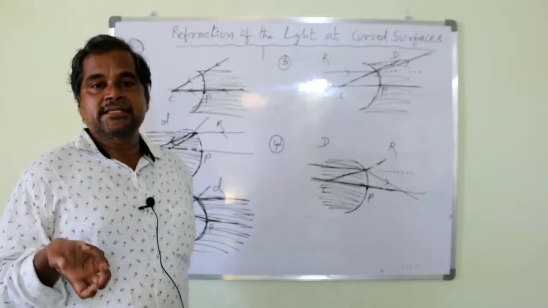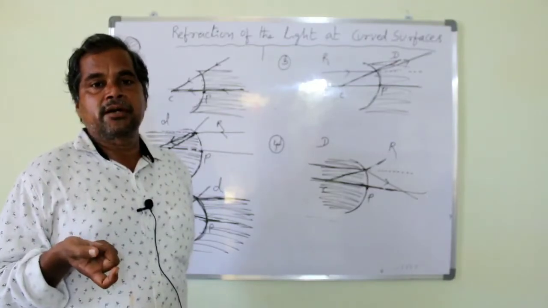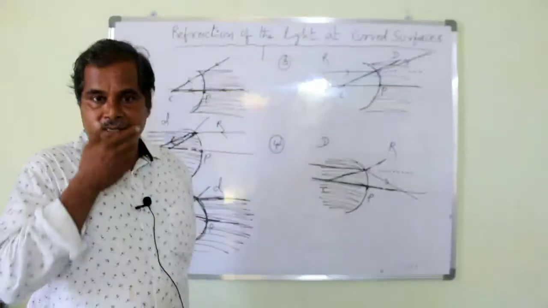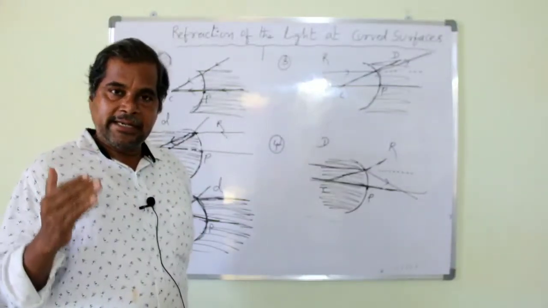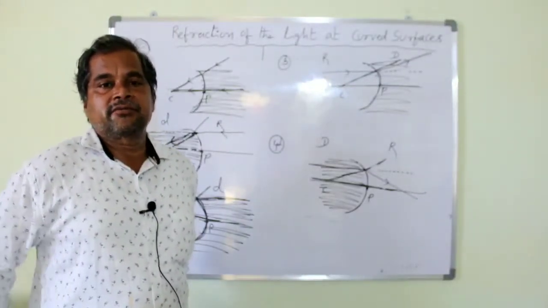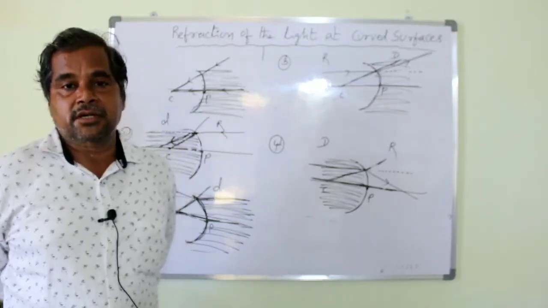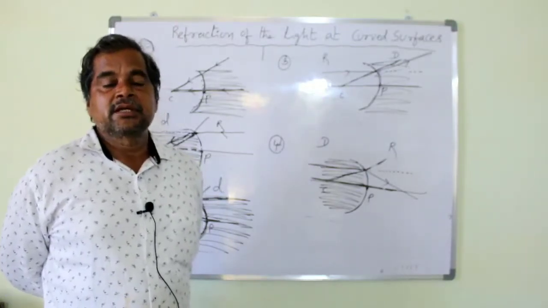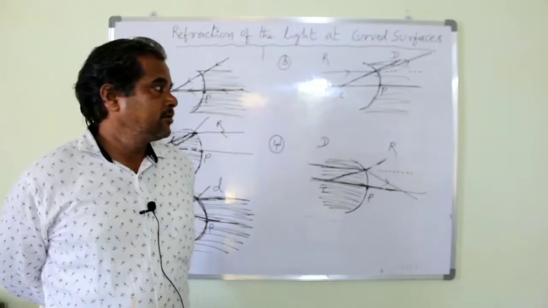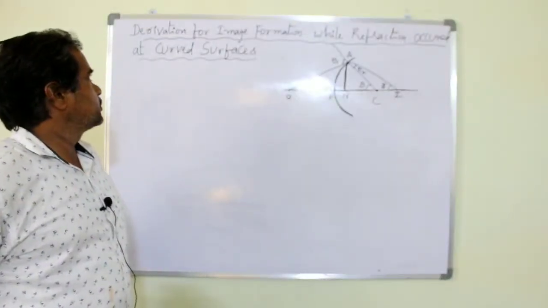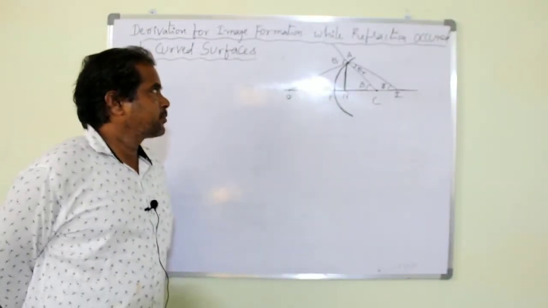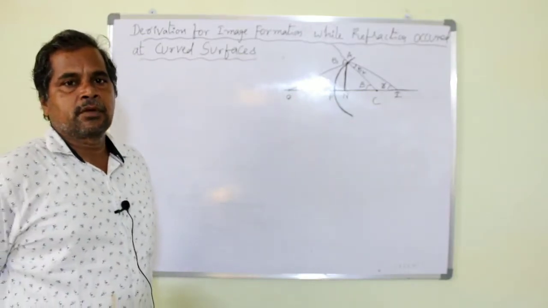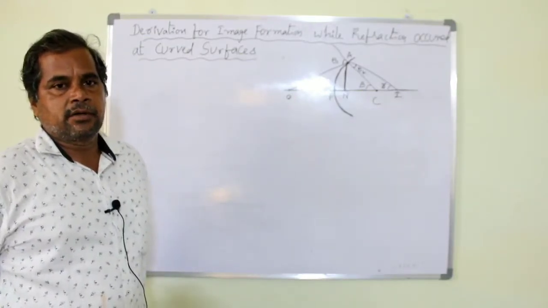We are discussing how the image is formed bigger by doing one mathematical derivation. By deriving this formula, we can understand very easily how the image is formed when refraction occurs on curved surfaces. Okay. Here we are going to discuss image formation of any object when the light ray is incident on the curved surfaces.